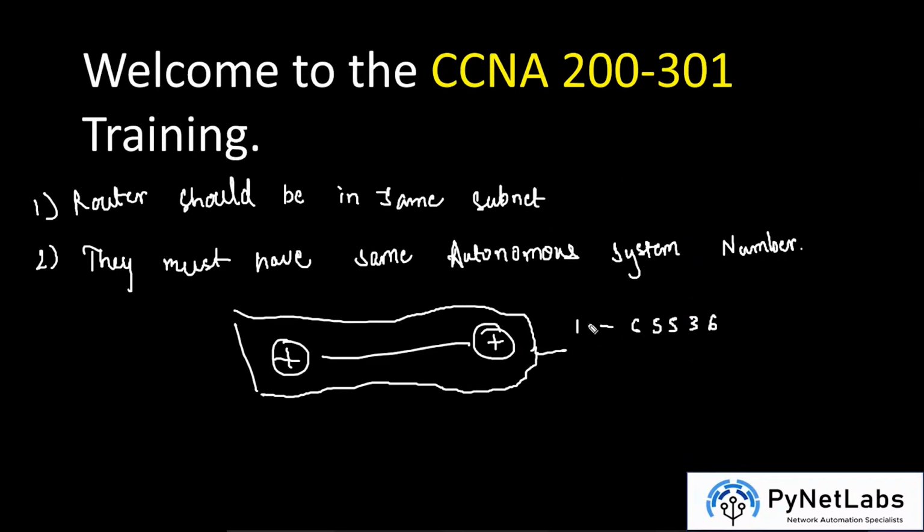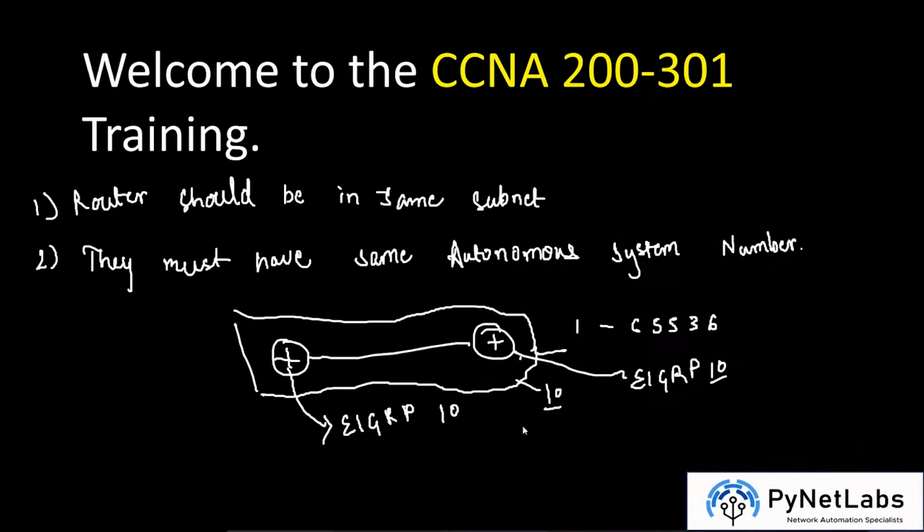Now, when you assign this number to the network, you configure all the routers with the same number. Let's say you selected 10, and once you configure EIGRP on this router, you have to configure it as EIGRP 10. Similarly, when you configure router 2, you have to keep 10 in your configuration. So you have to keep them in the same autonomous system so that they can communicate with each other.